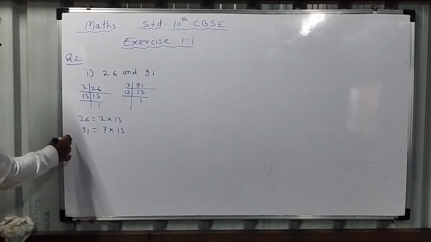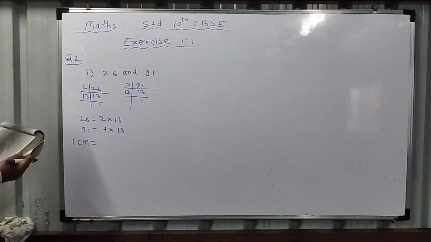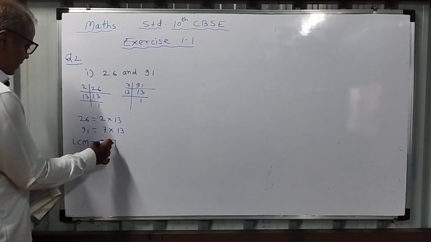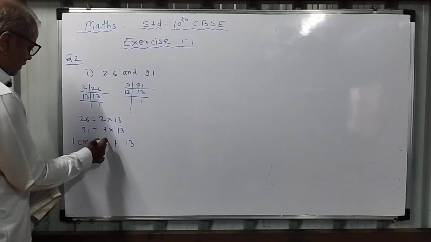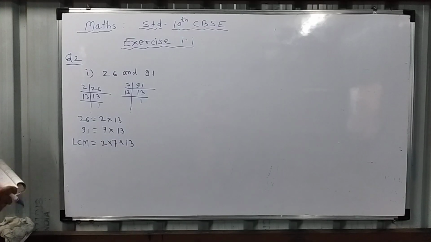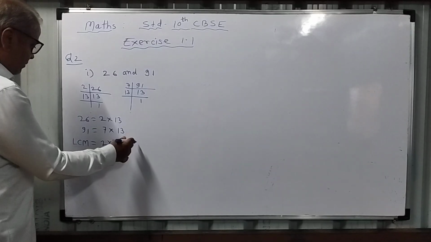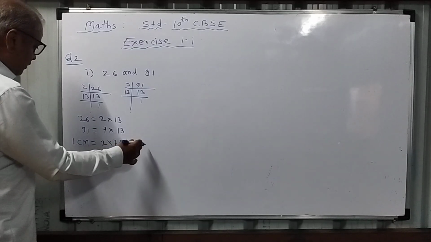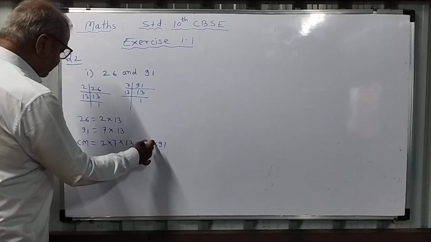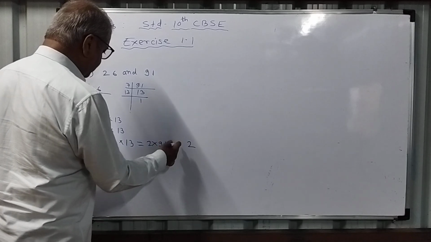So for the LCM, take all factors: 2, 7 and 13, and the product of all these factors is the LCM. 2 into 91, so it is 182.